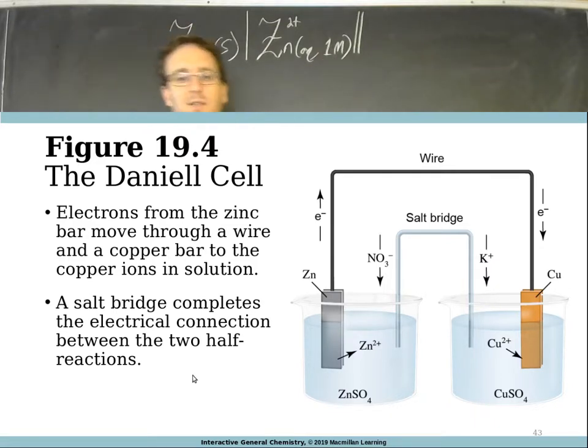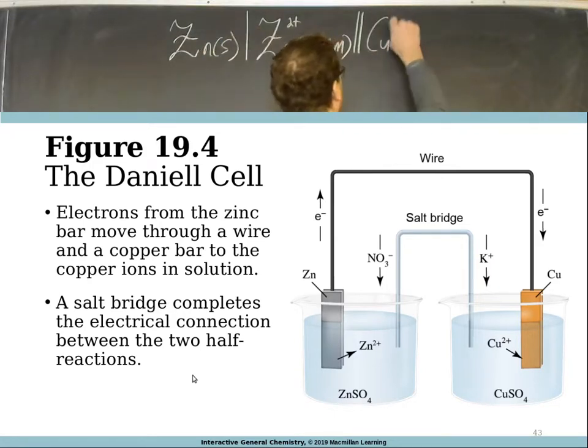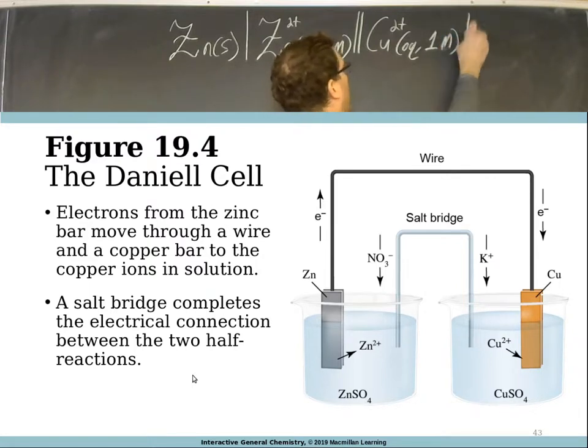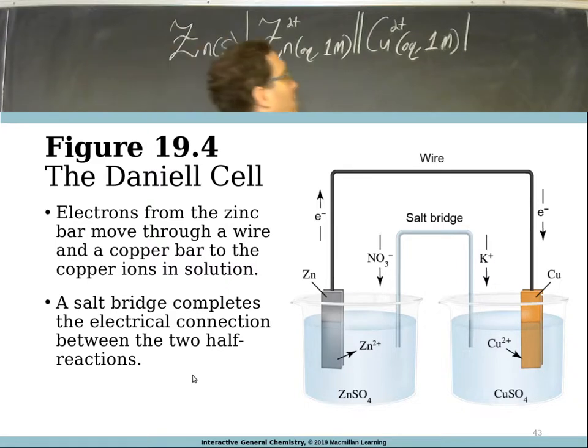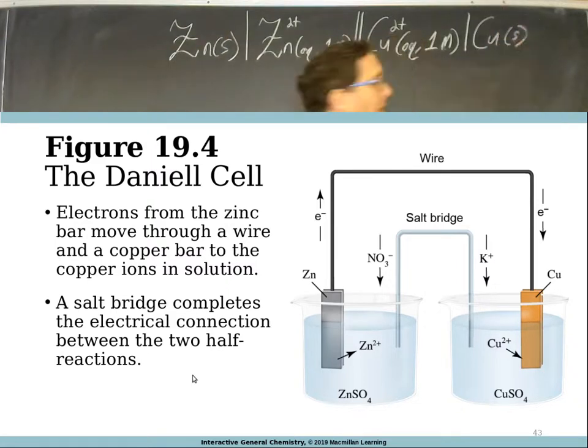Now we're into the cathode solution, which contains copper 2+ ions in aqueous solution. And if this is a standard copper half cell, then they are in a concentration of 1 molar. And then lastly, the cathode itself, the copper electrode, Cu solid.